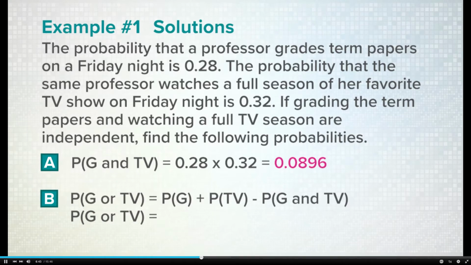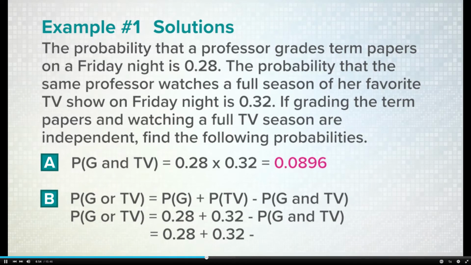We know the probability of grading and we know the probability of watching TV. From part A, we know the probability of both. So I know 0.28 and 0.32 from the problem, and I know 0.0896 from my work in part A. If I do this math, I get the probability of grading or watching TV is 0.5104.